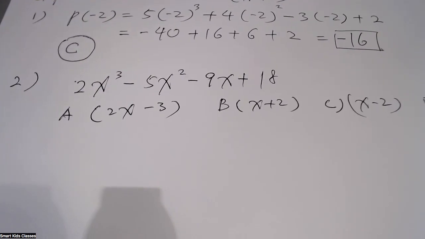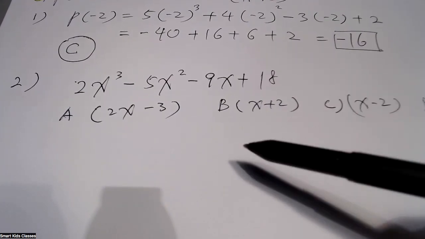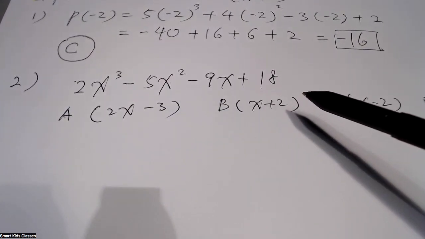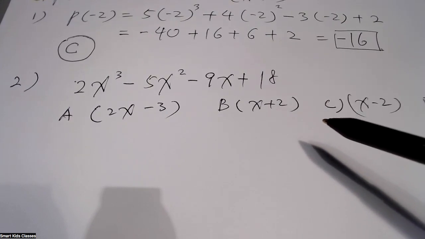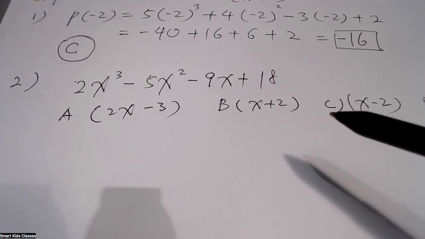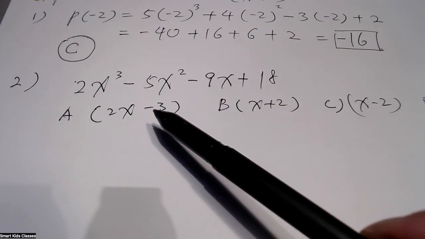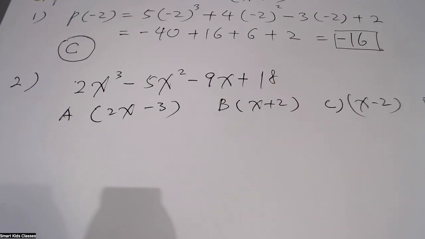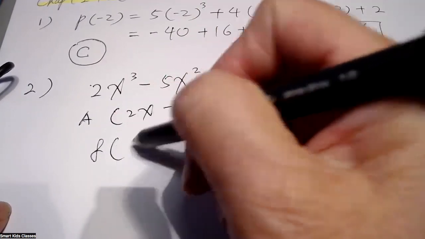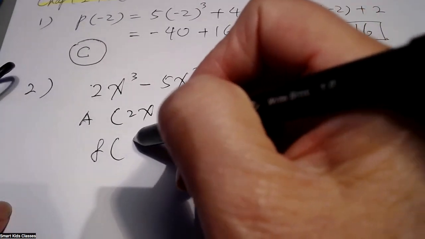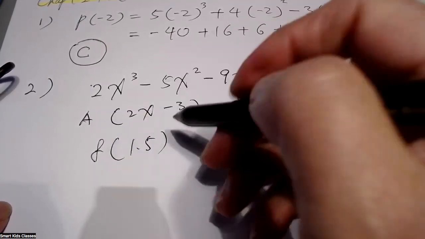So we go to substitution. If we plug the x value into the function and it has no remainder, this will be true. So now we find the first one. x is equal to 1.5, so you can directly plug in. We're going to write when x is equal 1.5 for the first one.